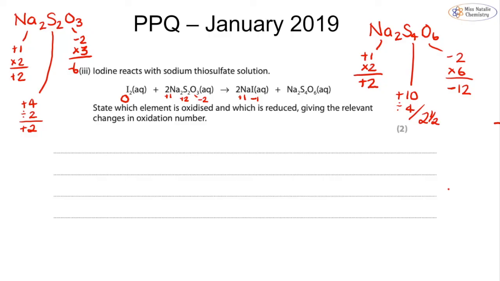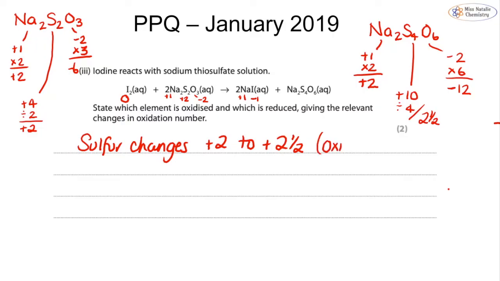So then we have to say which one is being oxidized and which is being reduced. So the sulfur changes from +2 to +2.5. So because its oxidation number is increasing, it is being oxidized. And the iodine changes from 0 to -1.